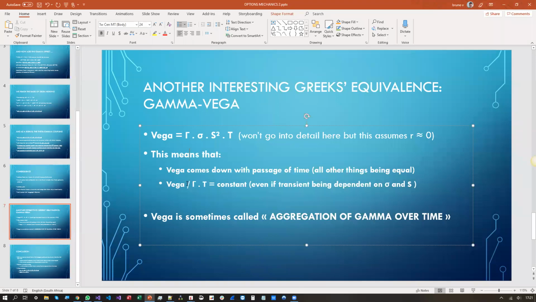Because the ratio is constant, gamma increasing will make Vega go down. So this is the second equivalence I wanted to touch on today.